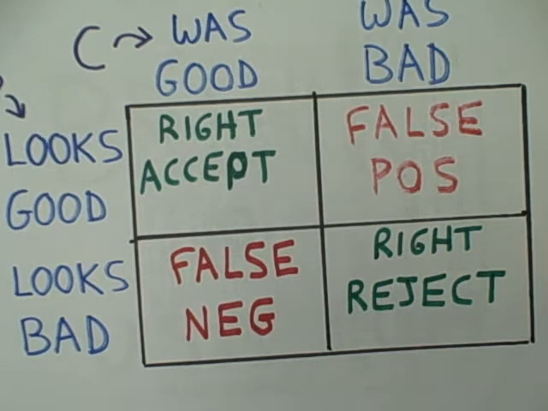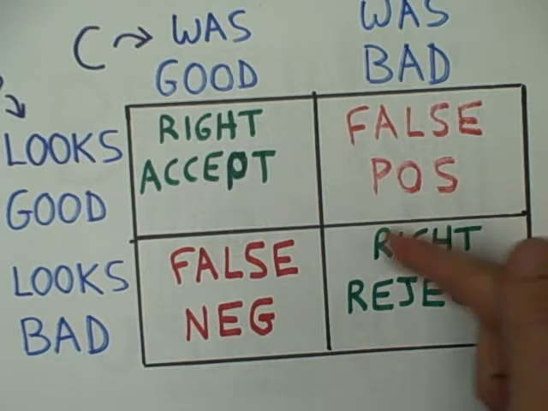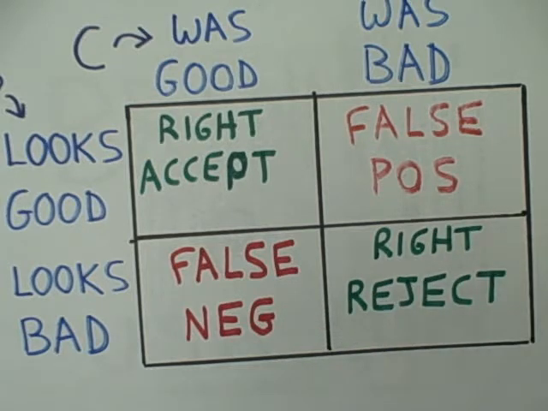Some of the problems that we have to be aware of in the selection procedure would be both false positives and false negatives. What we're doing here is we're looking at our predictor variables, how people score on a test or an interview, how they look on a job application or in a reference check.